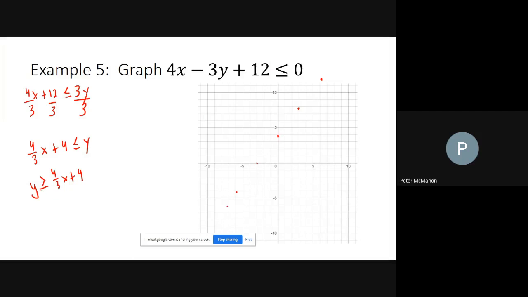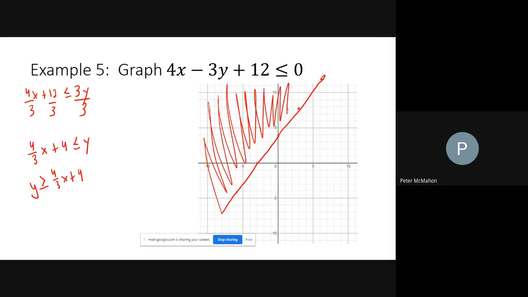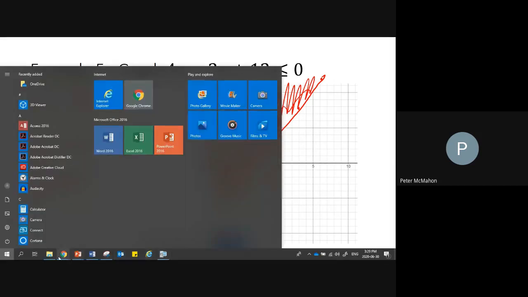So this is going to be a solid line here. And we want greater than, so we're going to shade above the line like this.